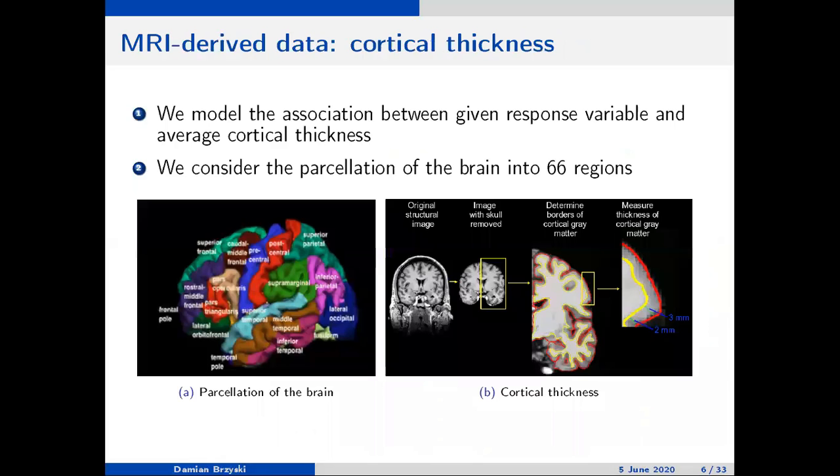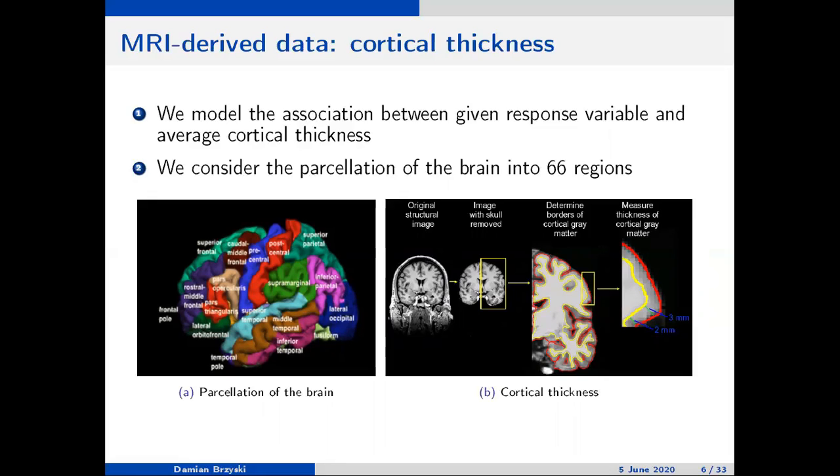Okay. But the connectivity information I talked about is, for us, additional information. The primary kind of information is information about the thickness of those brain regions. So for any of those 66 brain regions, you can measure the average cortical thickness.